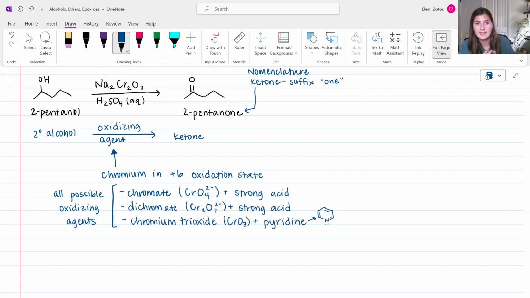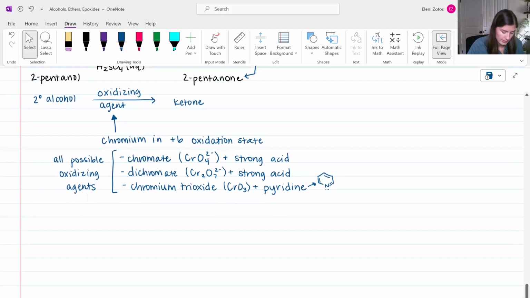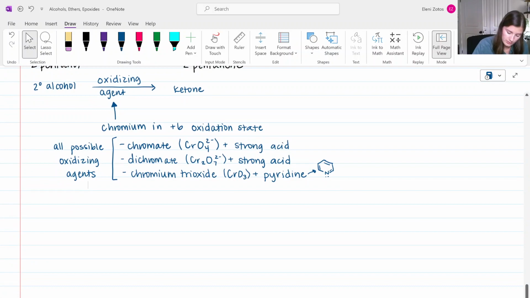Let's look at an example with a primary alcohol. So let's look at butanol. And then we'll use dichromate again. The spectator ion can also be potassium.